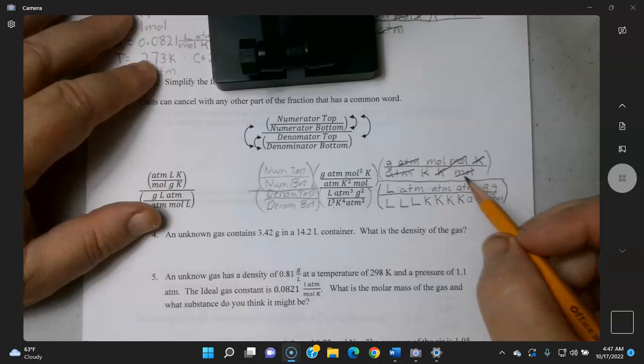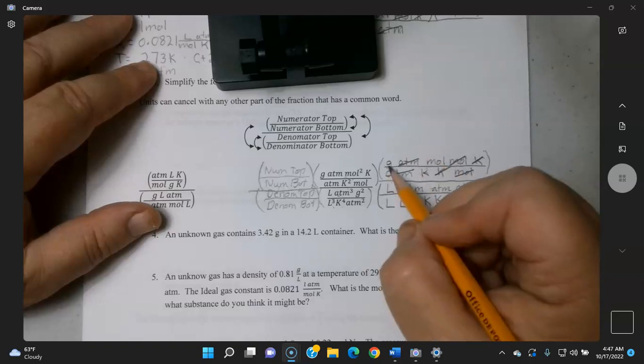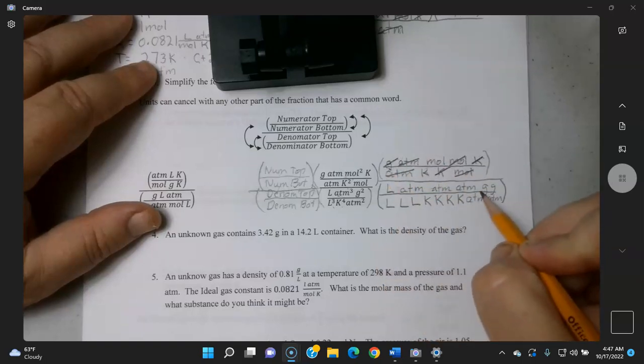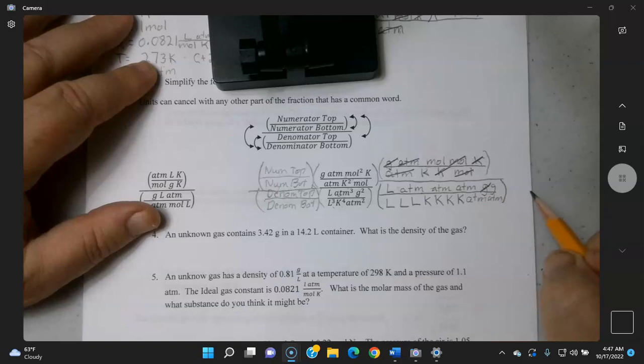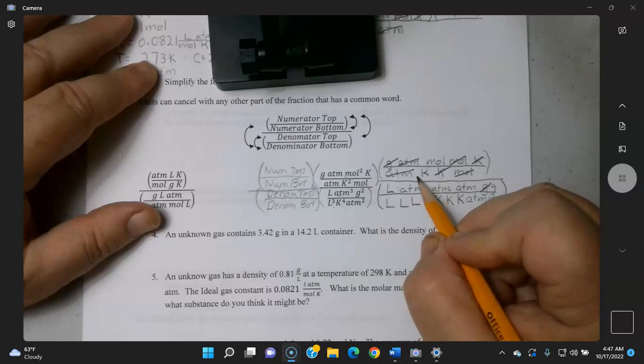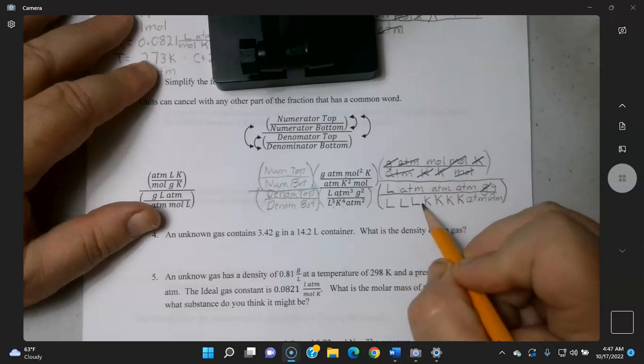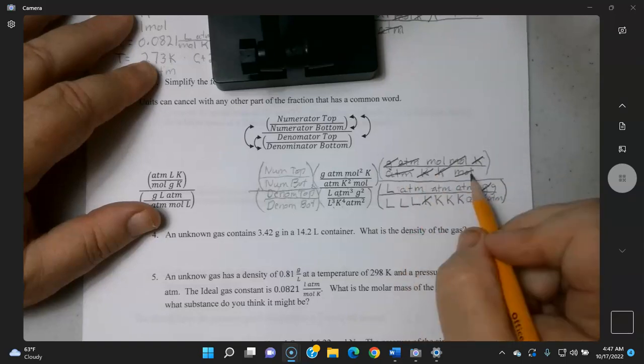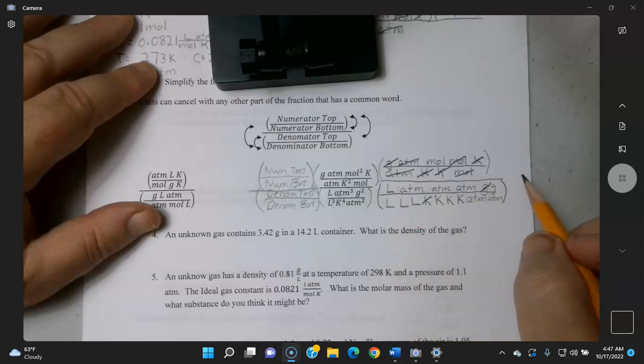Okay, and now we have numerator top, denominator top right there. And we have numerator bottom, denominator bottom right there. So we've taken care of everything here.